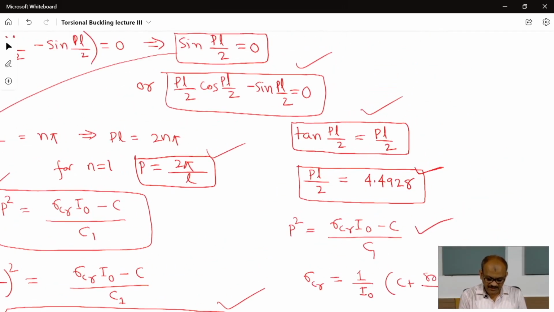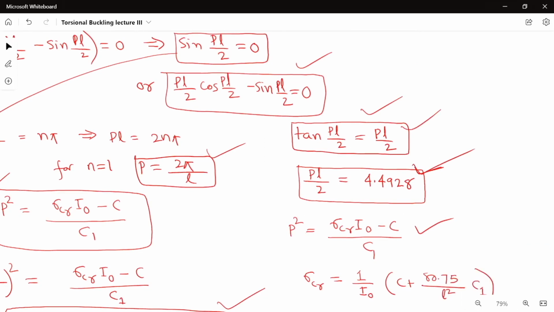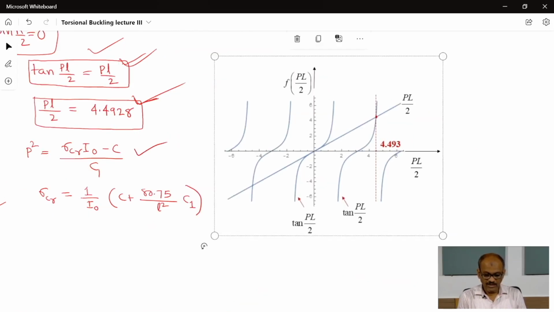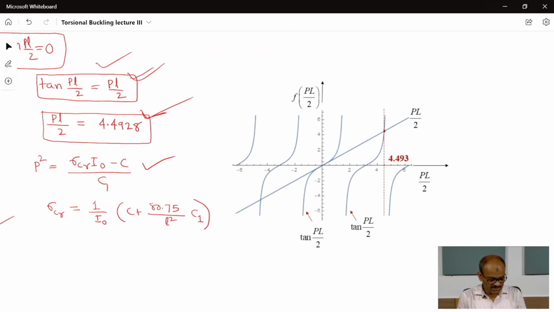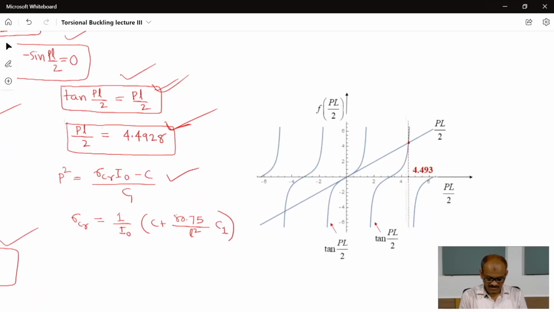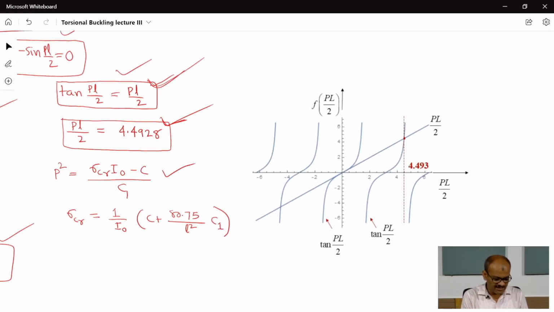Here you see I directly wrote the root of this equation, and this can be easily solved graphically. Then I have plotted the solution of this equation, and here you see this is the solution of this transcendental equation. The transcendental equation is tan pL by 2 is equal to pL by 2, and the first equation is y is equal to pL by 2.